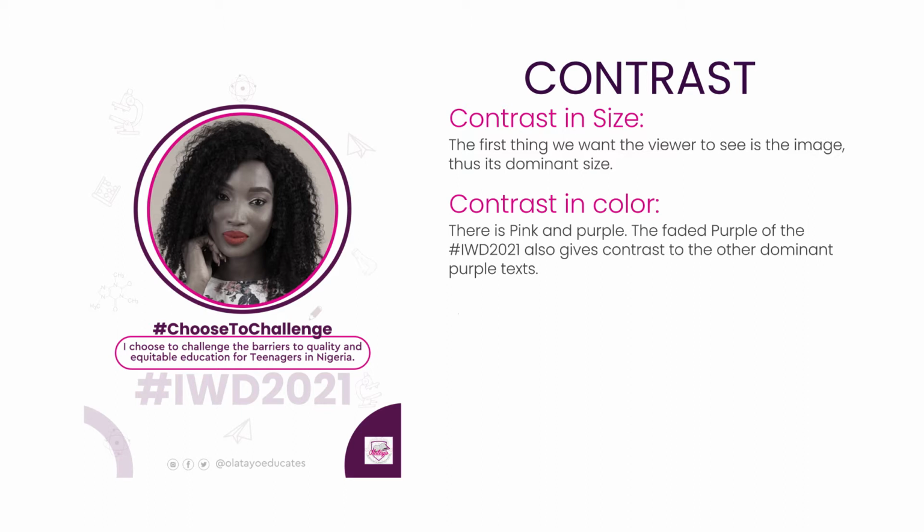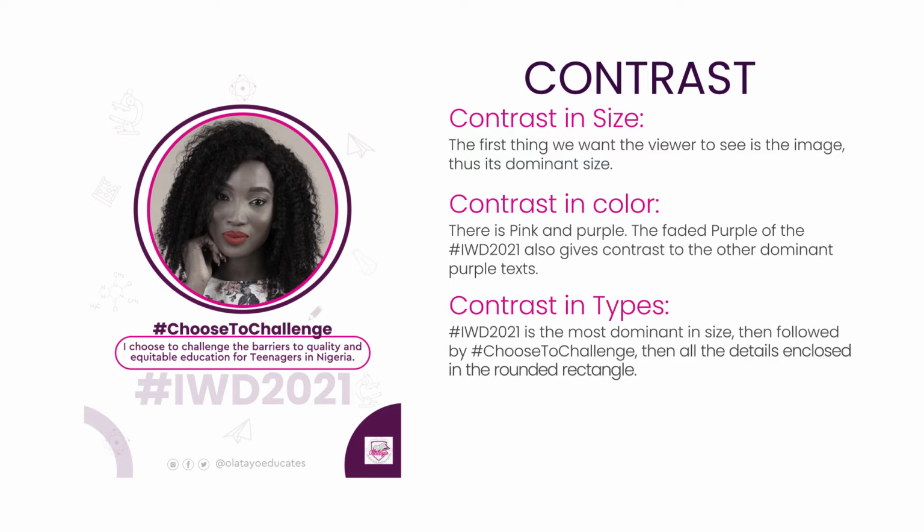Thus they fade it. So there is contrast in types. The hashtag IWD 2021 is the most dominant in size, followed by hashtag choose to challenge, then all the details enclosed in the rounded rectangle.